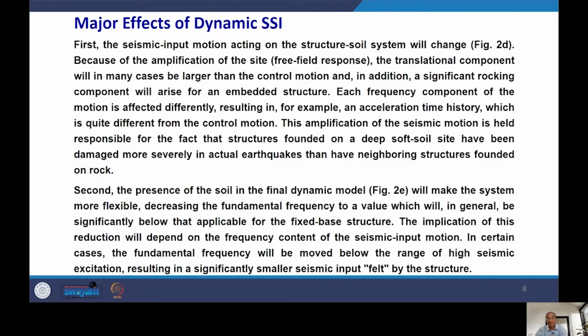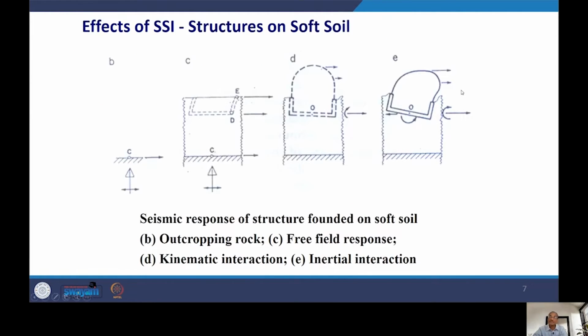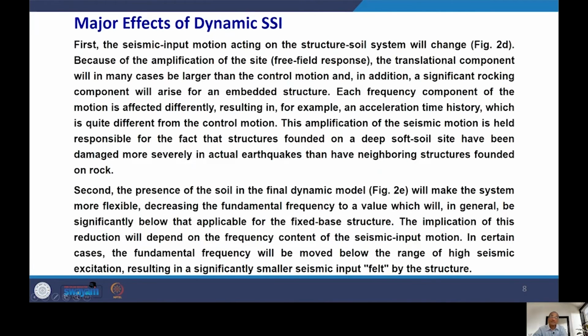Okay. The second effect is the presence of soil in the final dynamic model, which is your figure 2e in this case, where you consider the structure, considering its inertia also. In that case, the presence of the soil will make the system more flexible, because soil is flexible compared to the structure.